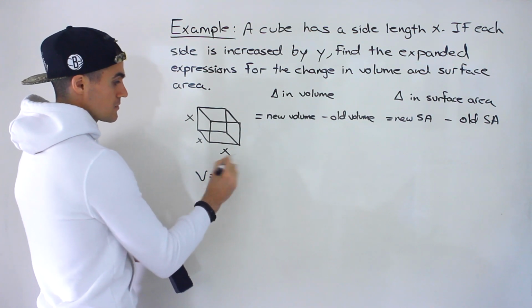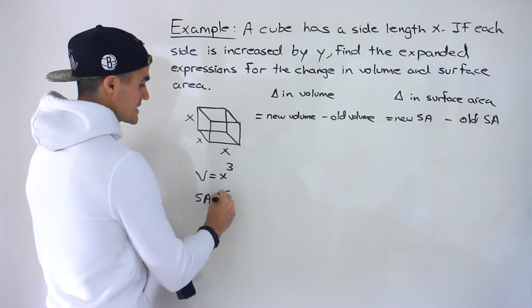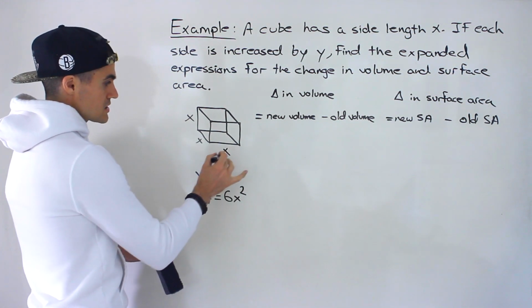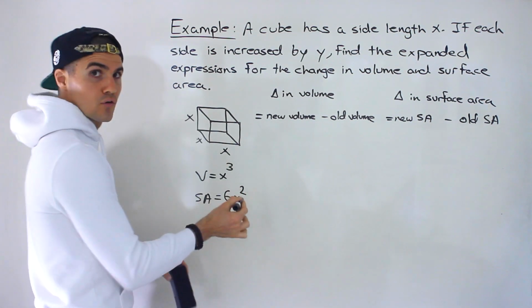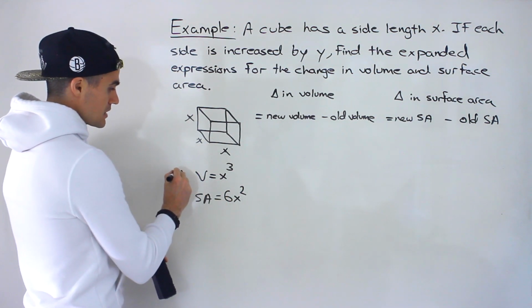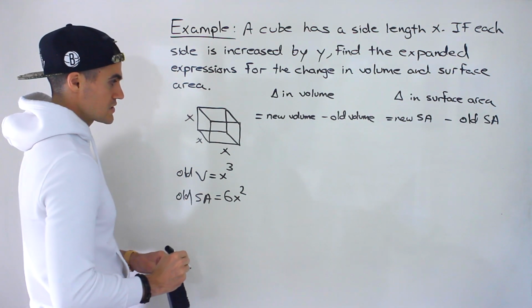Well, it's just going to be x to the power of 3, and then the surface area is just going to be 6x squared, just as we had with S. We just plugged in x for the S instead. So this here represents the old volume, and this represents the old surface area.